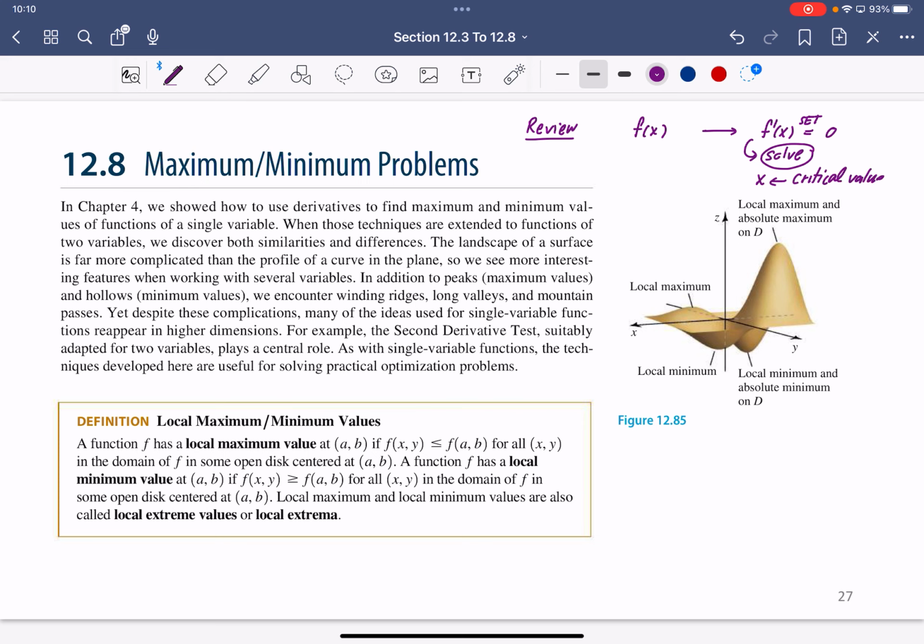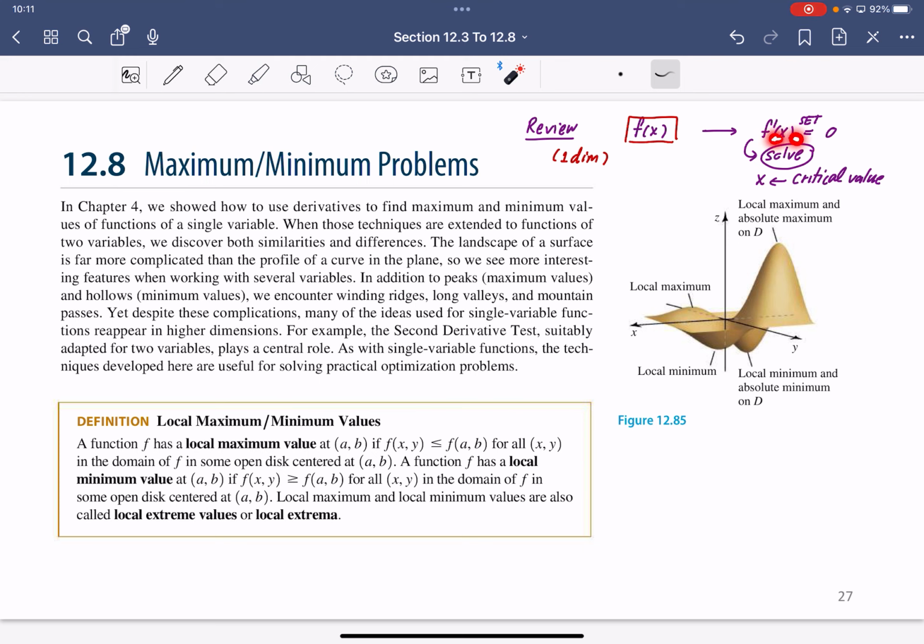right? And then once you get the critical value, you do the second derivative test to check if it is a maximum or minimum. So we're gonna do the same thing here in 2 dimensions. This is in 1 dimension. In 2 dimensions, you're gonna have function f as well, and now you're gonna take derivatives with respect to x and with respect to y.